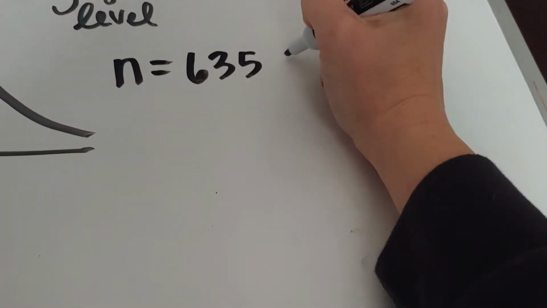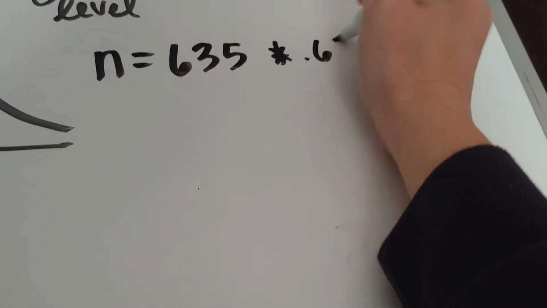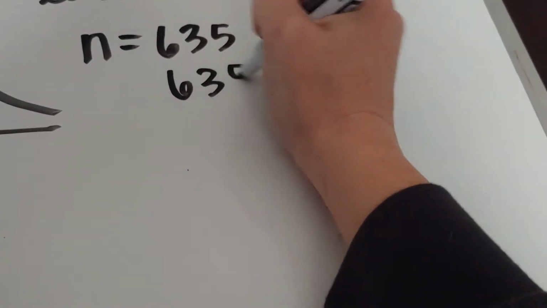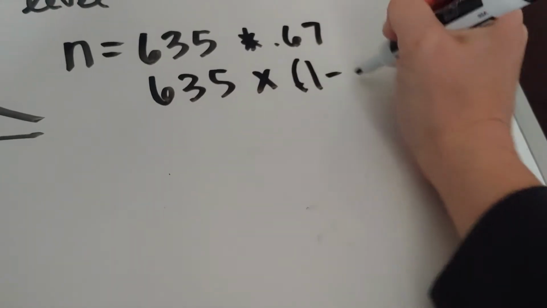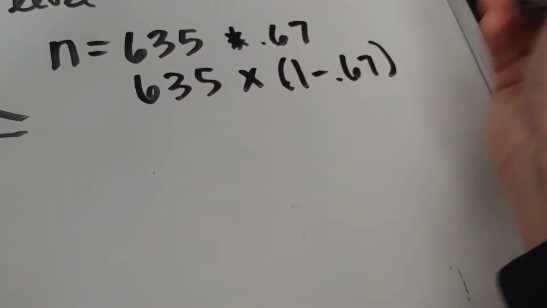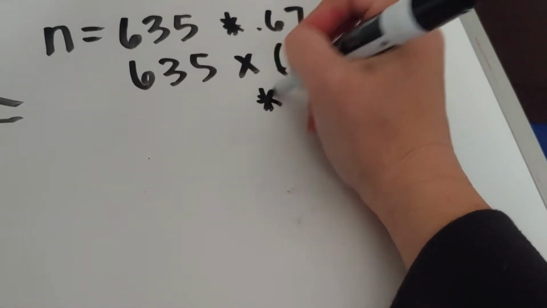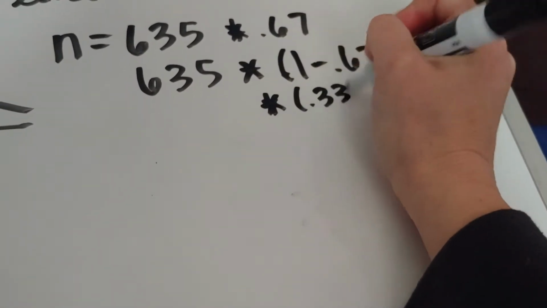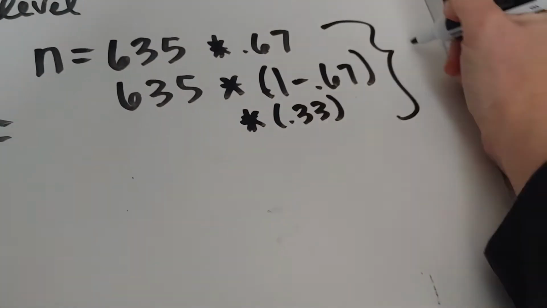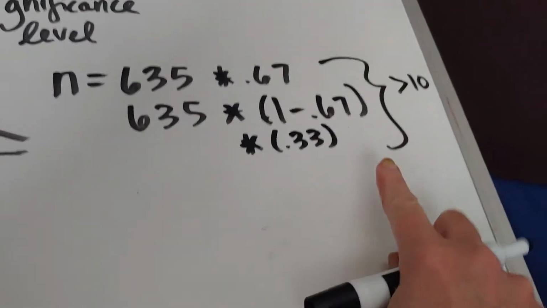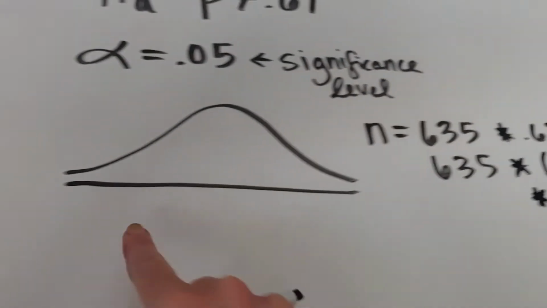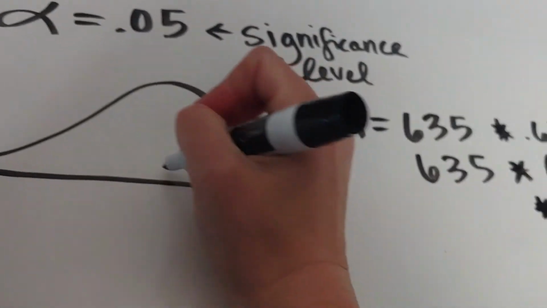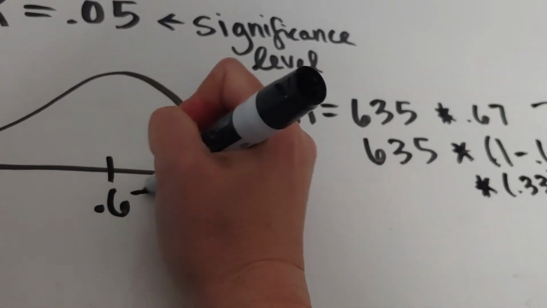When I take that times 0.67, and then take 635 times 1 minus 0.67, which is 33, both of these are bigger than 10. And the central limit theorem from chapter 7 says that if these are both bigger than 10, then we can guarantee this is going on. And not only that, our fact is in the middle.